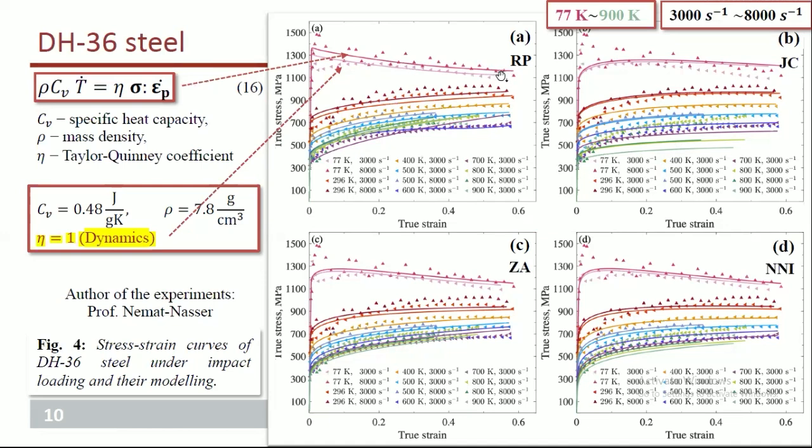This is caused by rapid adiabatic dissipation. As we know, under impact loads, the plastic deformation process is adiabatic because the loading rate exceeds the rate of heat exchange.